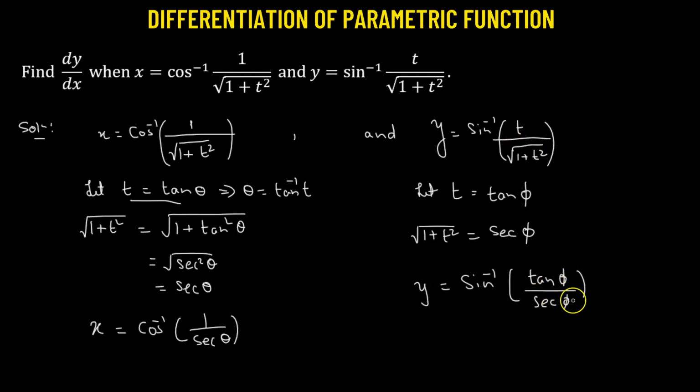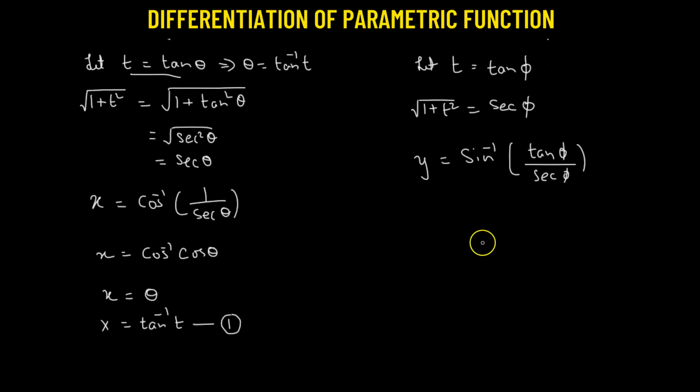Now we know that tangent of phi over secant of phi is actually the sine function. So we have sine inverse of sine phi, which means we simply have phi. We started out with t equals tangent of phi, so y must be equal to tangent inverse of t. So let this be equation number 2.